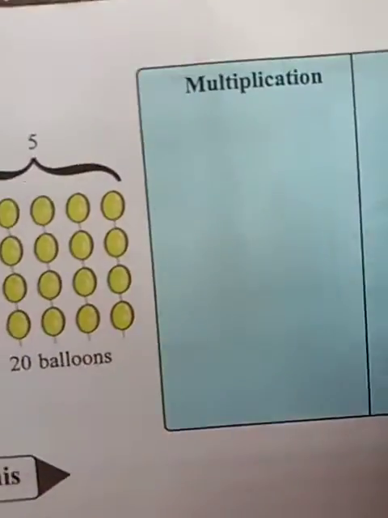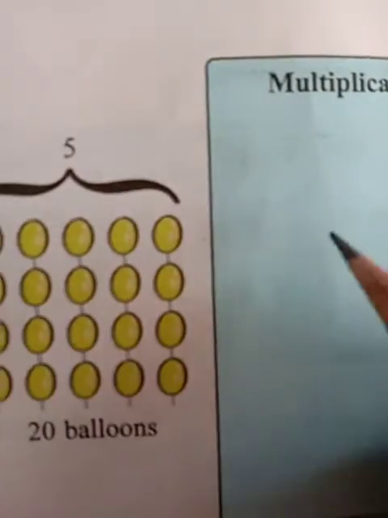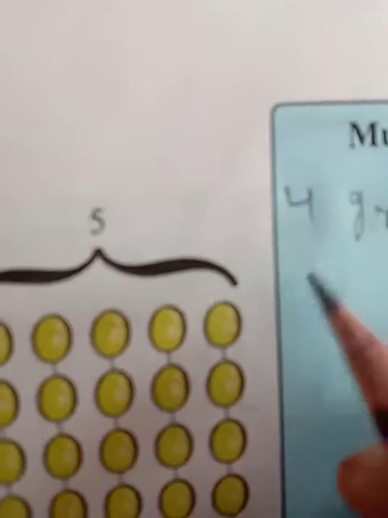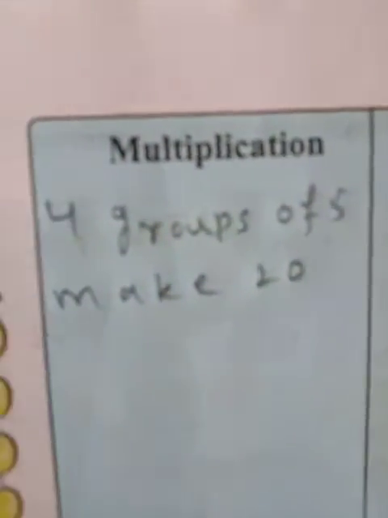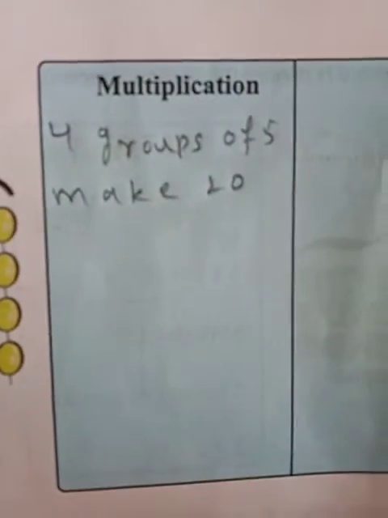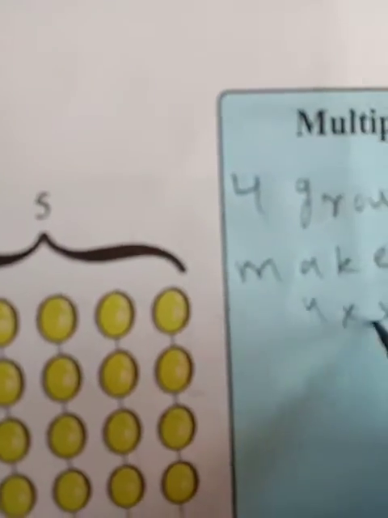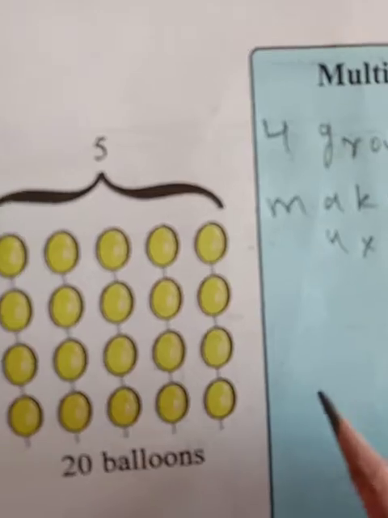So now, how to write multiplication? See here. 4 groups of 5 make 20. So 4 5s are 20.